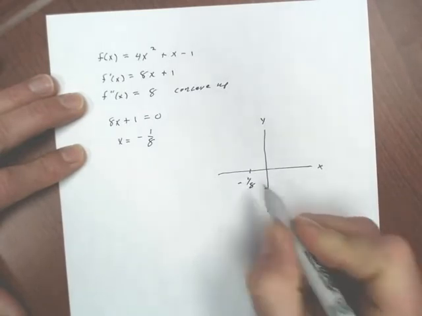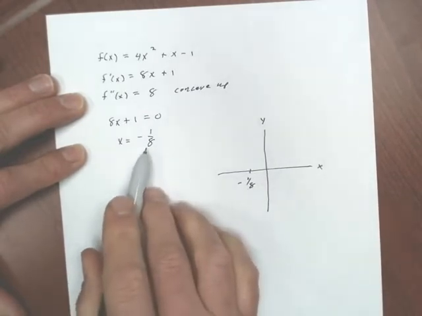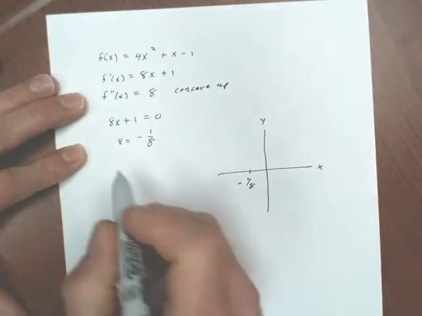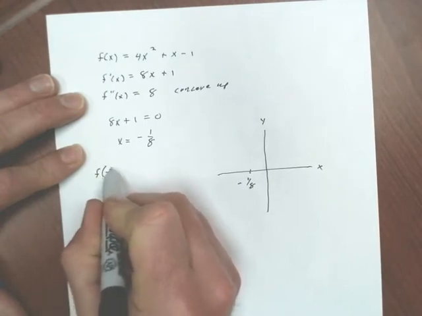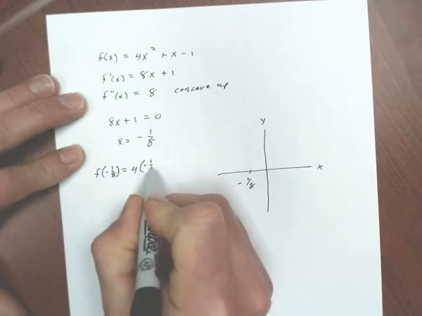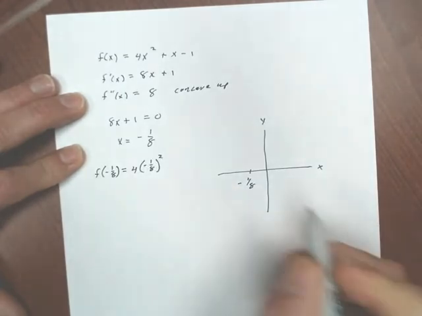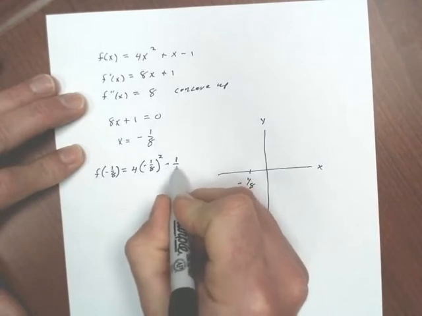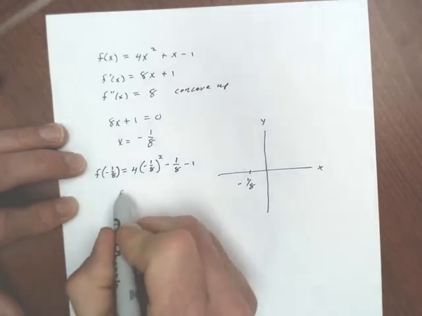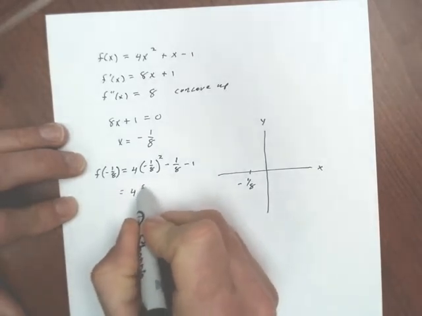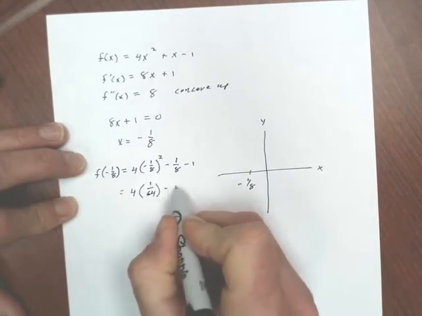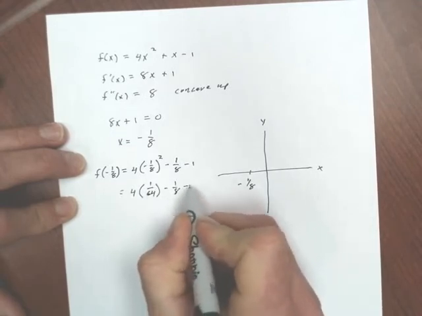Okay. Now to find the y coordinate of our minimum, we're going to plug this negative 1/8 back into the original function. So f of negative 1/8 equals 4 times negative 1/8 squared minus 1/8 minus 1. So this gives us 4 times 1/64 minus 1/8 minus 1.